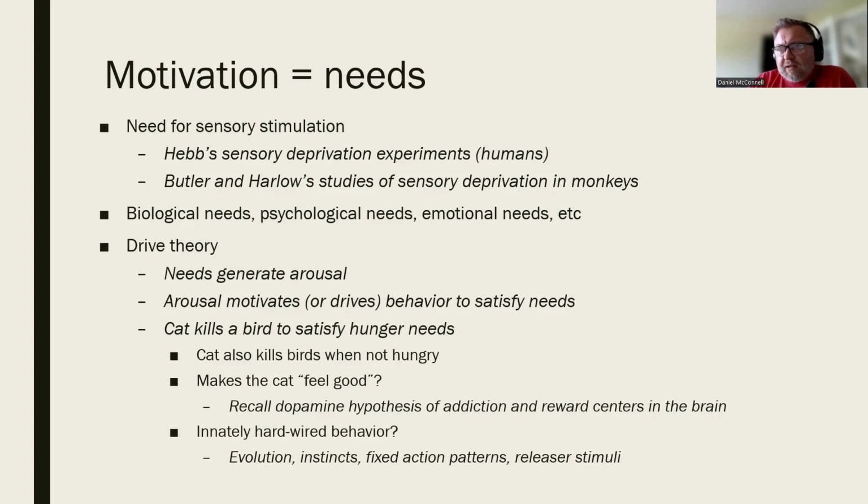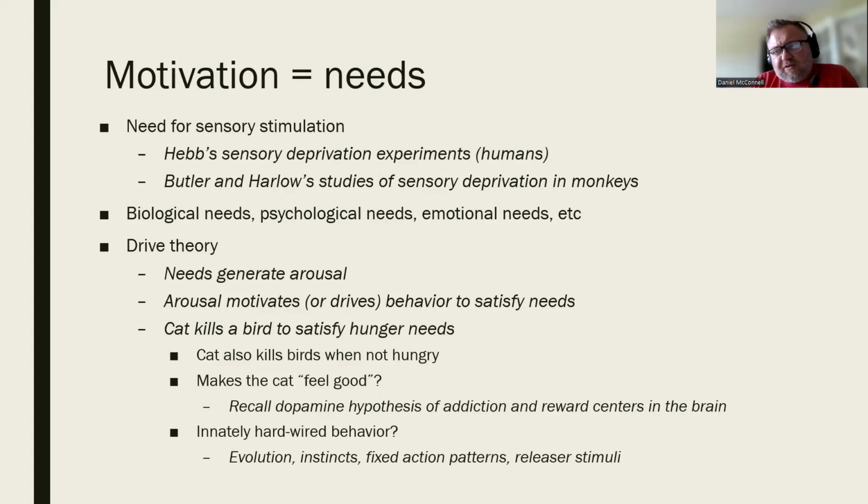But motivations can be highly varied. For example, we could talk about the fact that our bodies apparently need sensory stimulation, and we are motivated to seek out stimulation in the environment. We see evidence of this because back in the 1950s and even a little bit earlier than that in the 40s, there was a lot of research that looked at sensory deprivation.